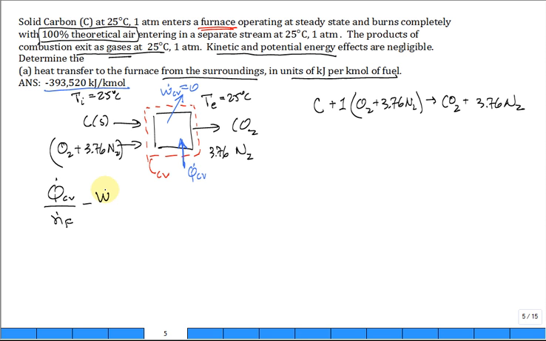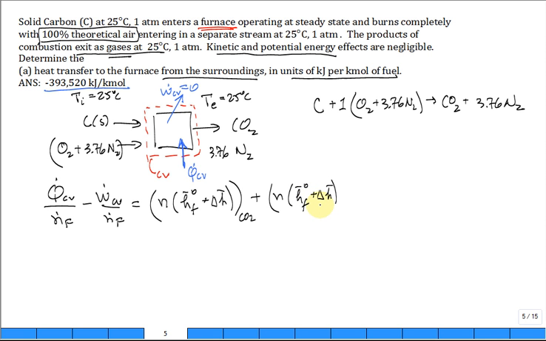So we got W dot CV over N dot fuel. Right? And now what do we have? We're going to have the products. Let's do the stoichiometric coefficient times the enthalpy of formation plus the change in the enthalpy, all of that for the carbon dioxide, plus the stoichiometric coefficient enthalpy of formation plus the change in the enthalpy if it's hot or cold for the nitrogen, minus the stoichiometric coefficient times the enthalpy of formation plus the change in enthalpy if it comes in hot or cold for the carbon solid, plus or minus these.